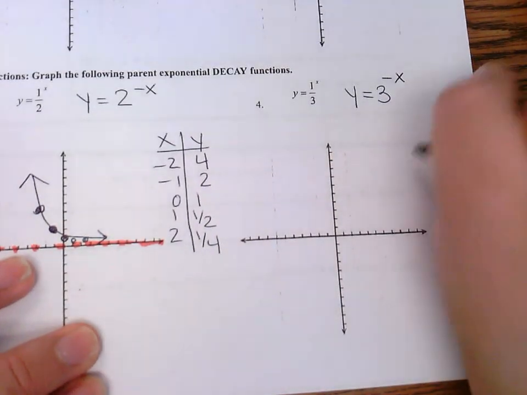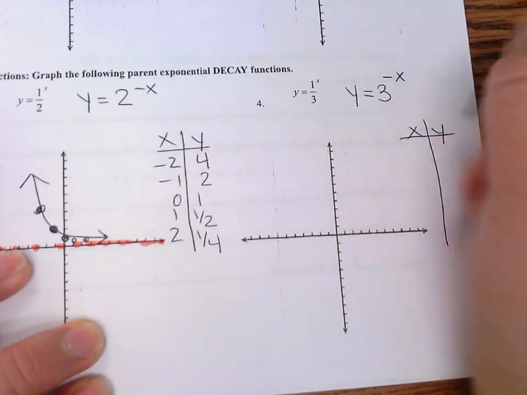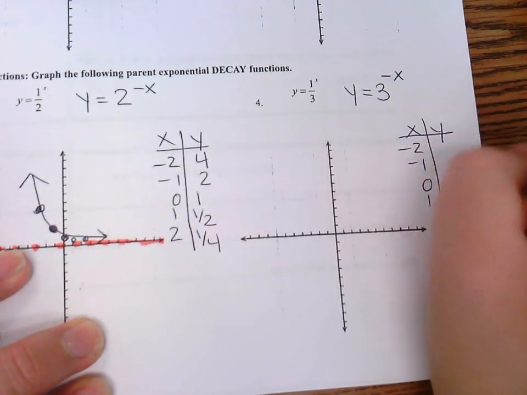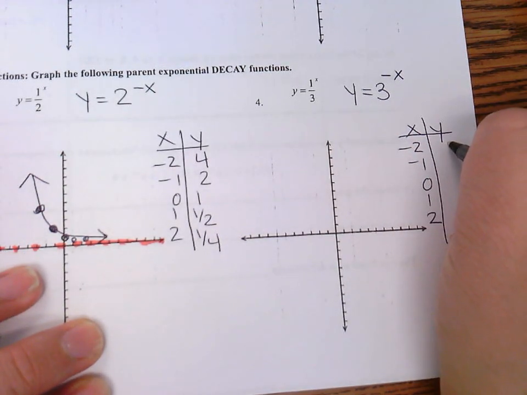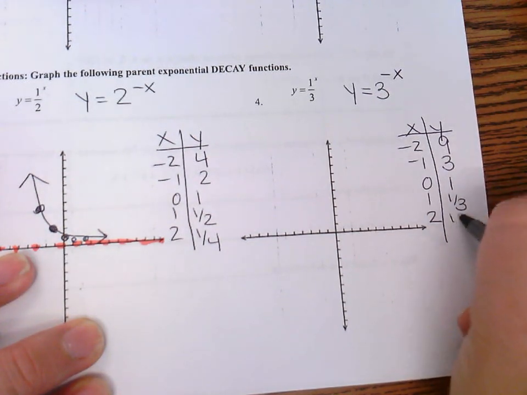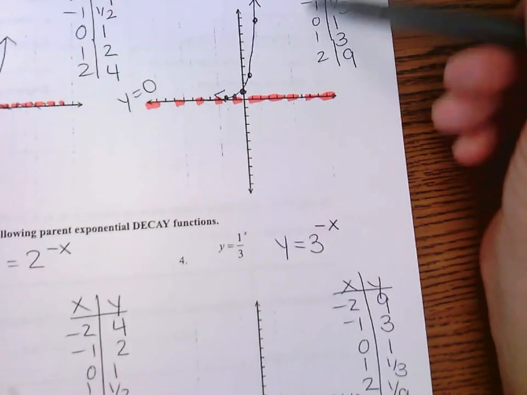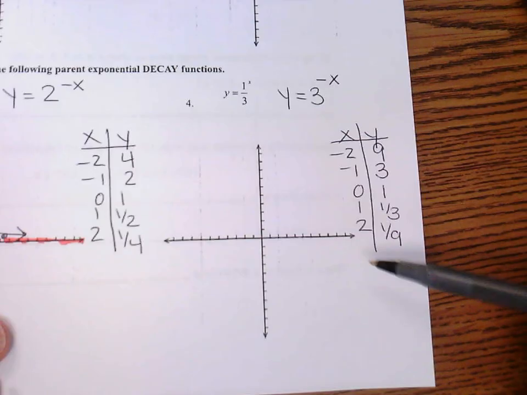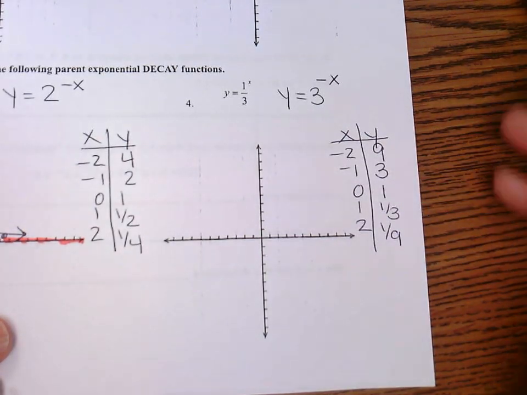And if I do the same thing with this last graph, -2, -1, 0, 1, and 2, I'm at 9, 3, 1, 1/3, 1/9. So I'm just taking this set of points and just flipping them.